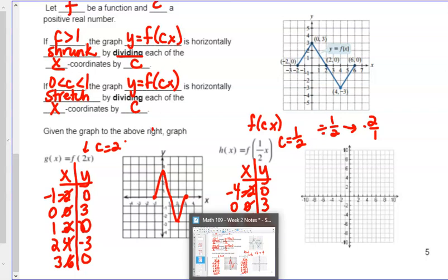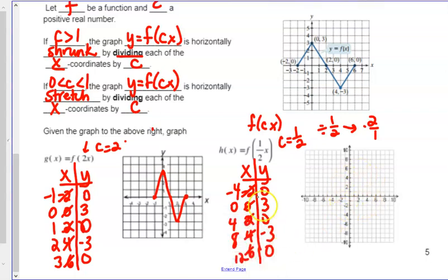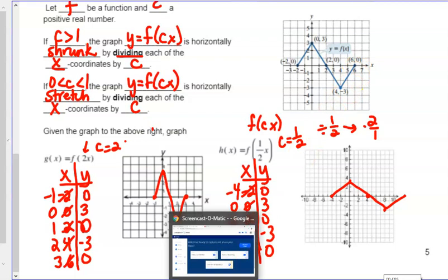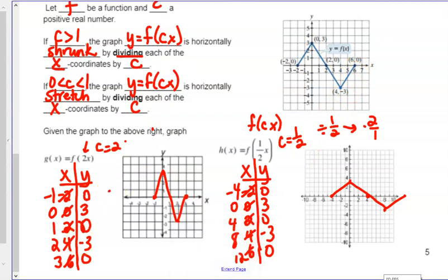Now, I've changed the scale of this graph here just so we can account for the 12 and the 8 and such. So I go (-4, 0), (0, 3), (4, 0), (8, -3), and (12, 0) is about there. It's not the exact same coordinate plane, but you can see that it is stretched out according to those values that you started with. We do have a horizontal stretch when I have this 1/2 in there. Okay?